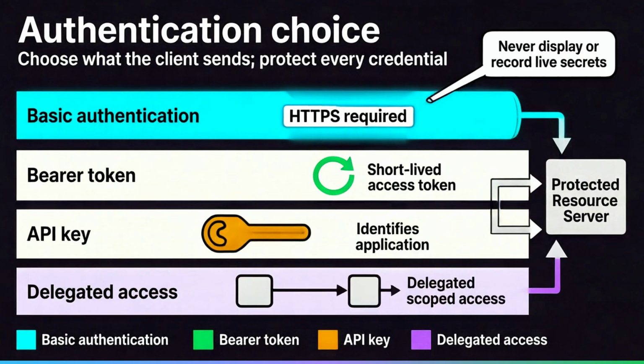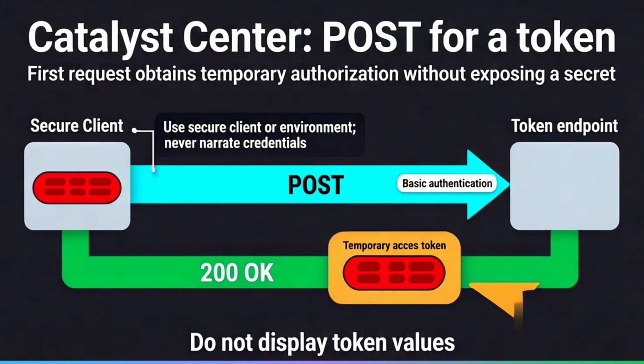Authentication selects what the client sends. Basic authentication sends a username and password in a header, so HTTPS is essential. Bearer authentication sends a usually short-lived access token. An API key identifies a client application, not necessarily a user, and commonly remains valid until revoked.